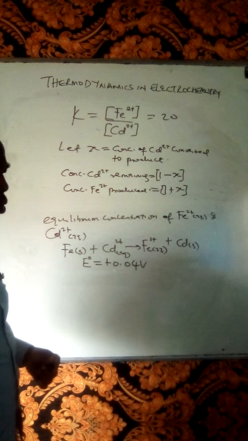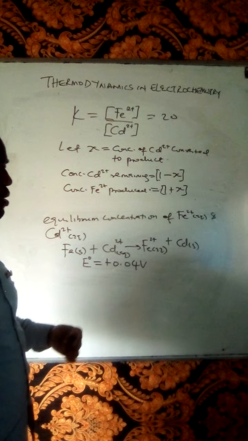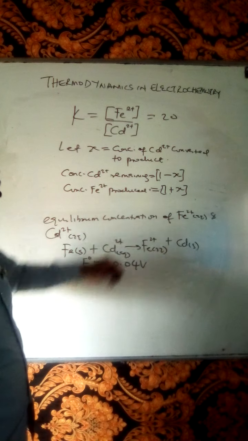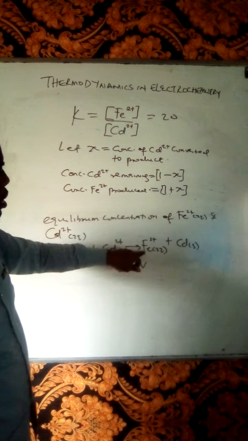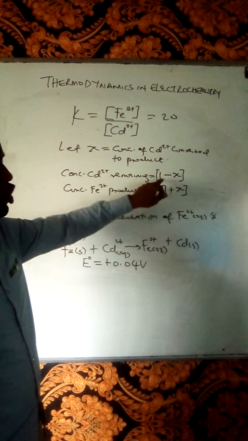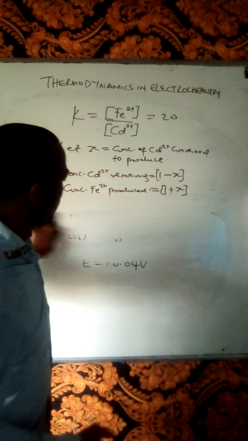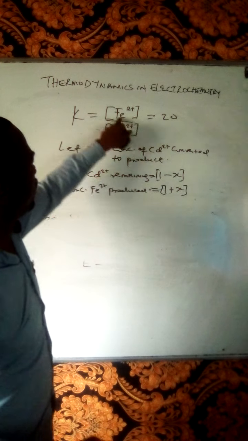Now how come the 1? We know that at standard state the concentration of each substance in the equation is 1 mole per dm cube. So we now replace these values in this expression.